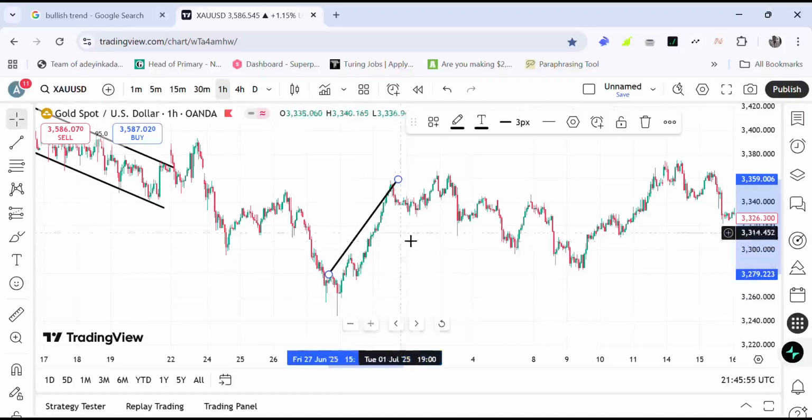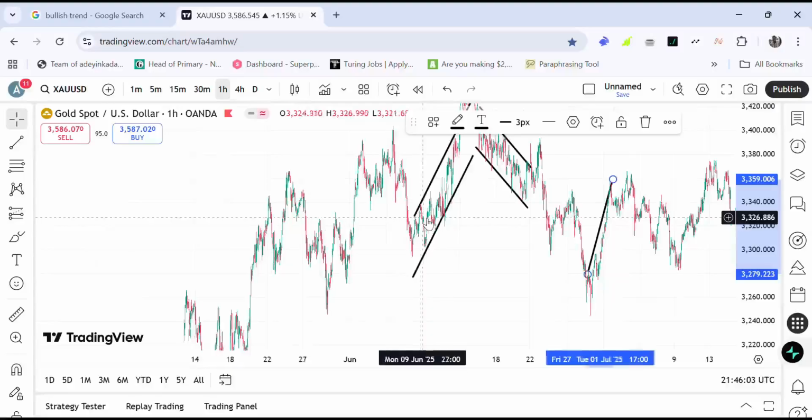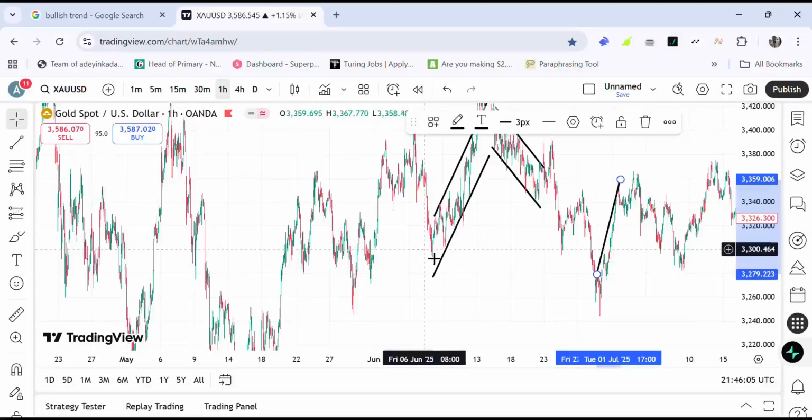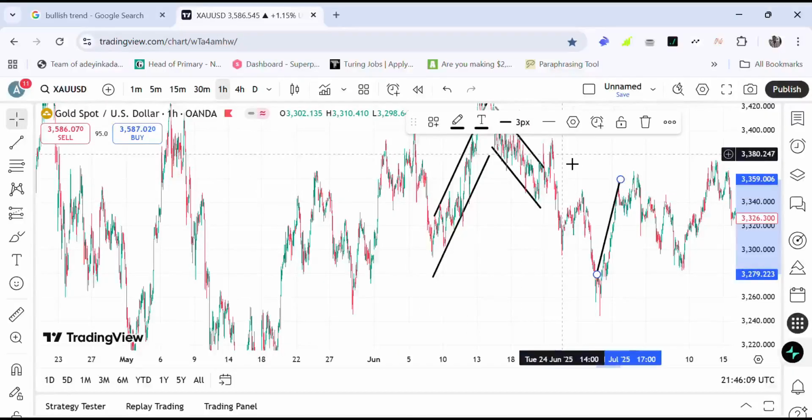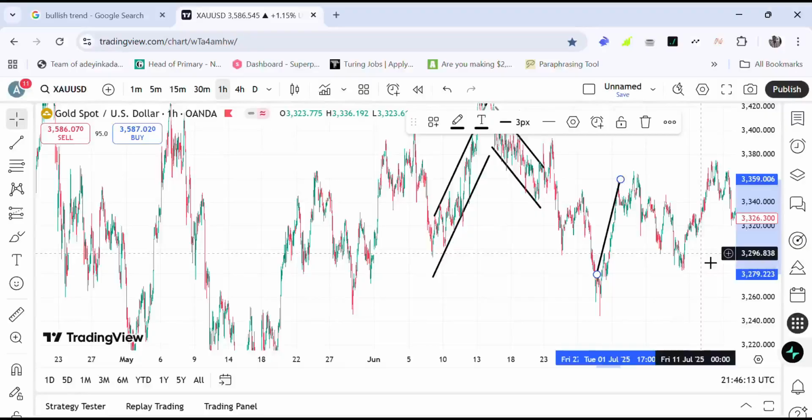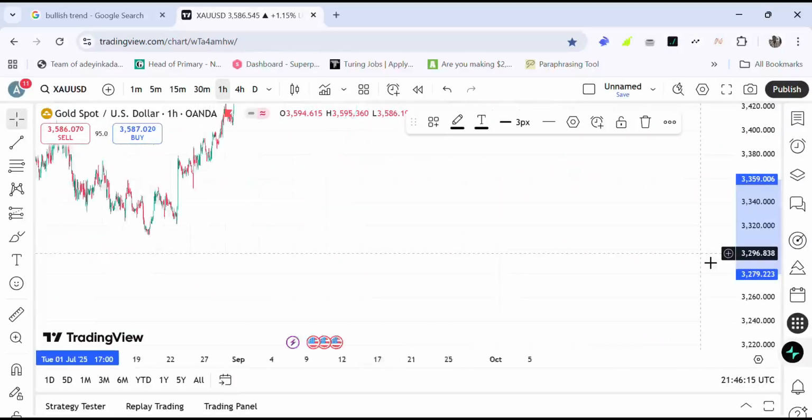That's how it works. So even from just looking at the chart from a distance, you'll be able to identify where the market is. Obviously, this is uptrend, uptrend, uptrend, down, up, down, down. That's how the market moves.